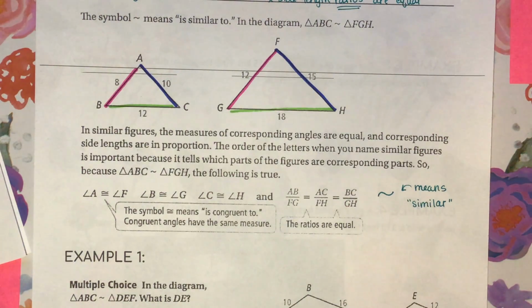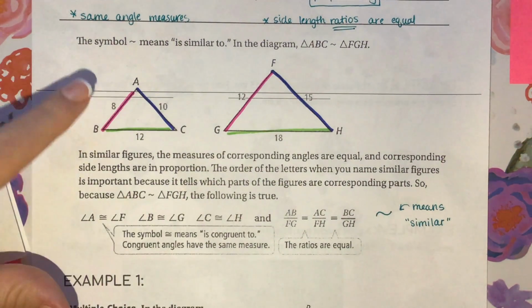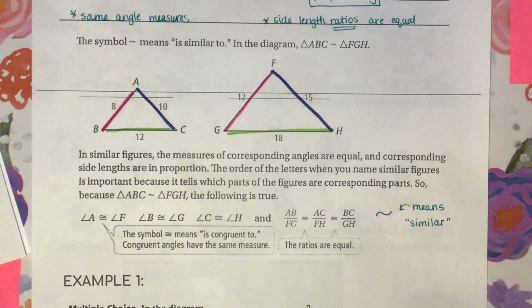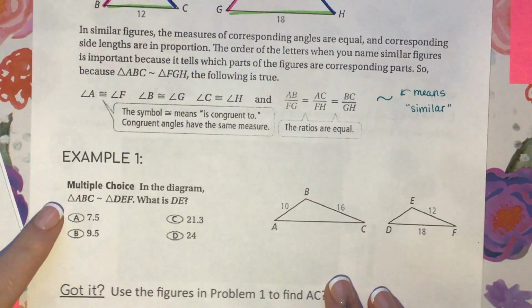Okay. So now that we have all that set up, how this is going to be broken down is we will compare corresponding sides to one another, just like we did with proportions, where we would compare two different values with one another.